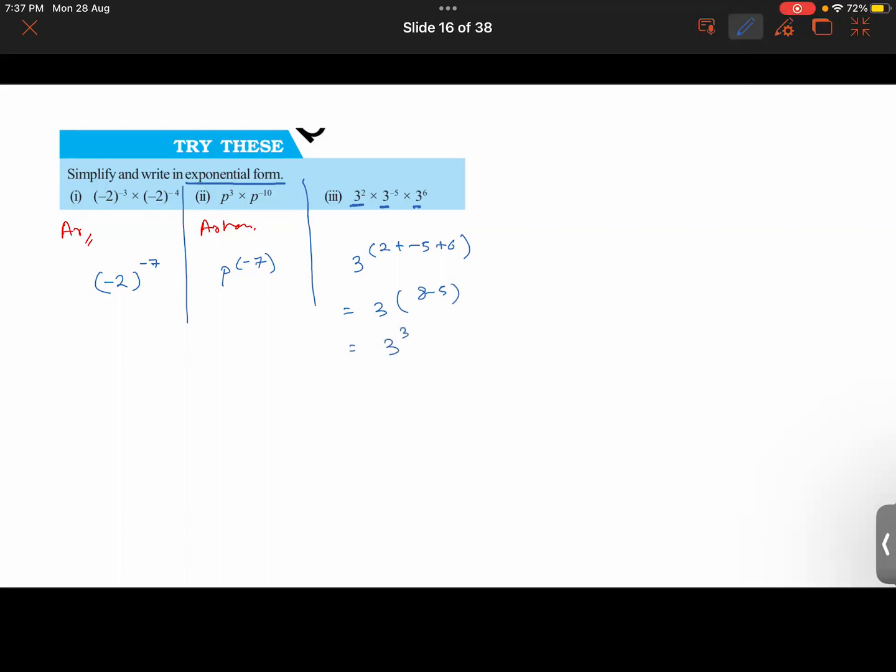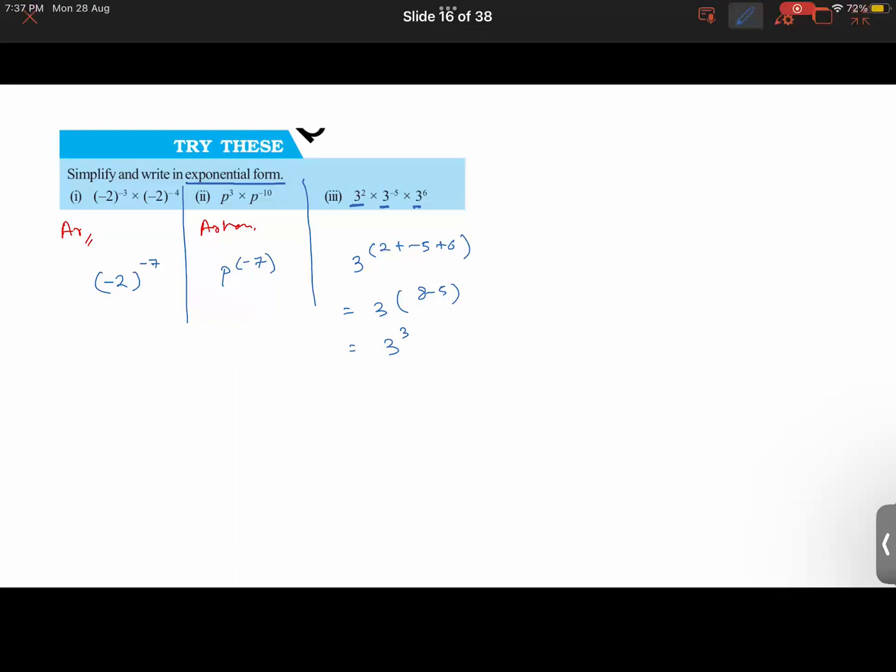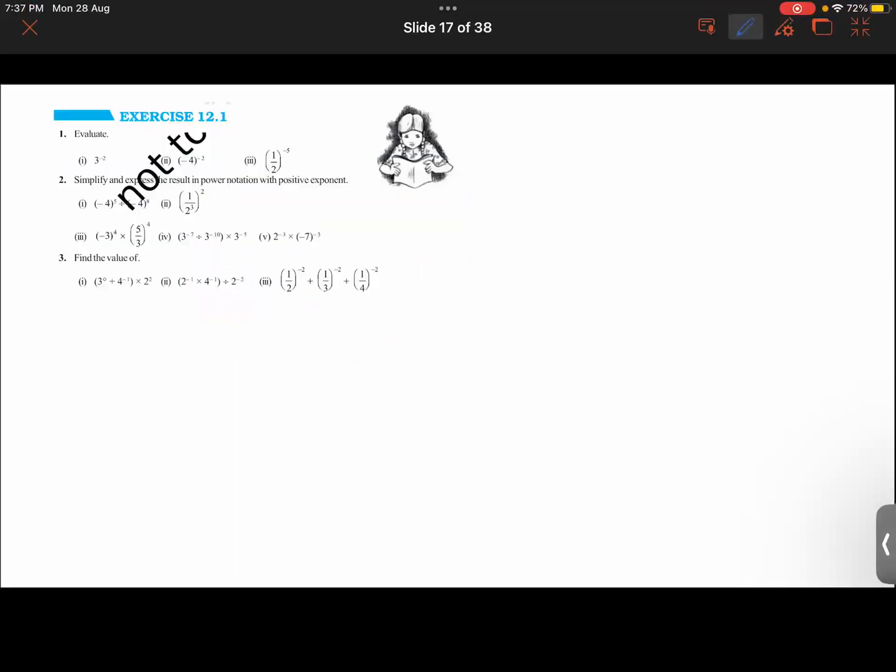So these questions are easy, and I guess you guys can solve such questions yourselves. Likewise, in the first exercise, you will see you have such questions. Question number 1, 2, 3, all of them are very easy.